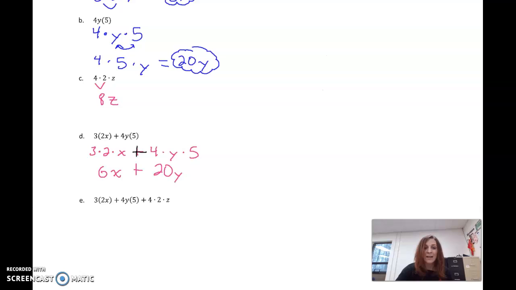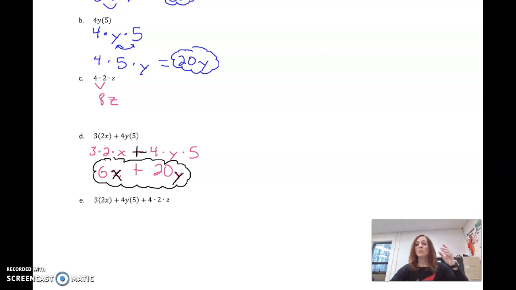That's 20y. Now adding, can I put those together? I can combine them if they're like terms. And like terms have identical variable parts. So is x identical to y? Nope. So guess what? That's your answer. All right?